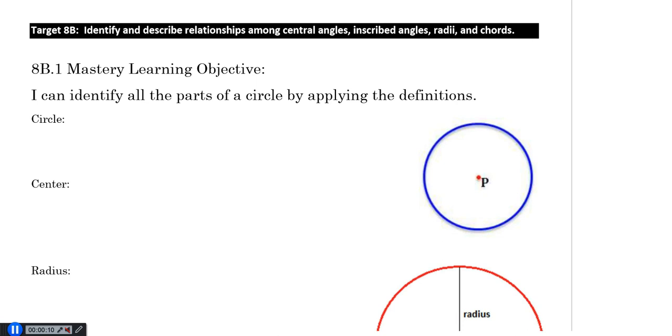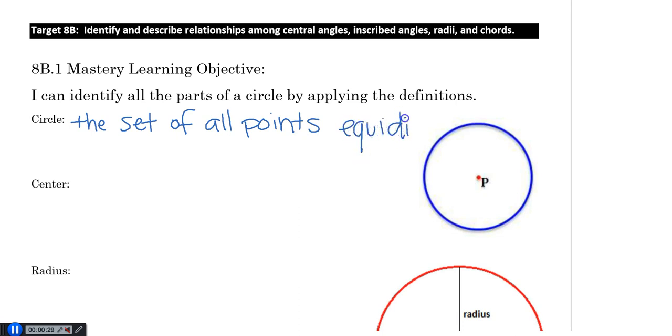So first vocab word here is a circle. A circle is the set of all points equidistant, that means same distance, so equal distance.